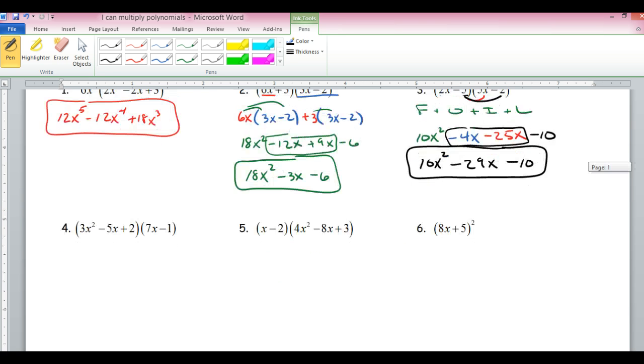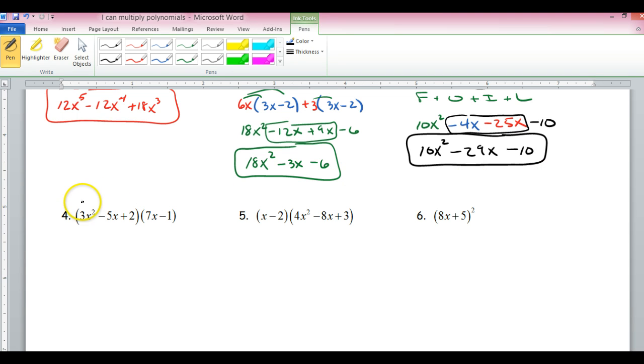Now down below, it's a little different, because here we have a trinomial times a binomial. The question is how many times you have to distribute from the trinomial to the binomial. If you have 3 terms, you have to distribute 3 terms to this binomial.